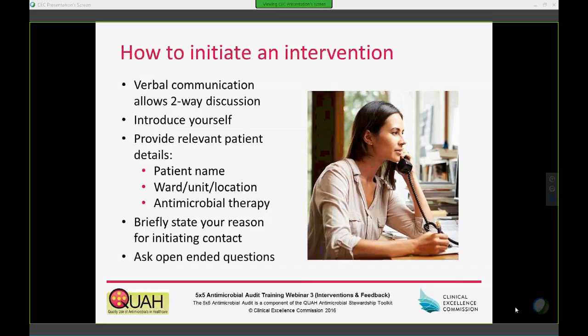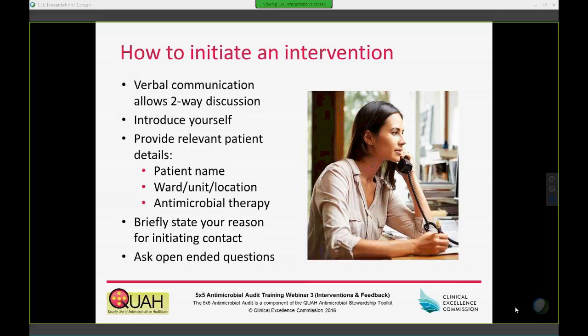As with any interaction you have with prescribers or people involved in your patients' care in the hospital, introduce yourself and provide some relevant patient details. In the context of the audit interventions, that would be the patient's name, the ward or unit or location that the patient's in, and what antimicrobial therapy they're on.